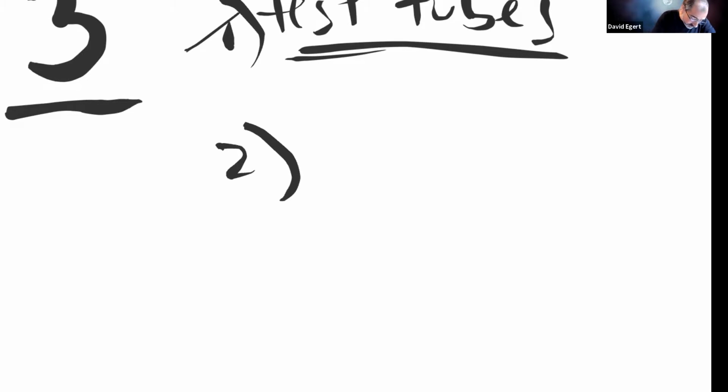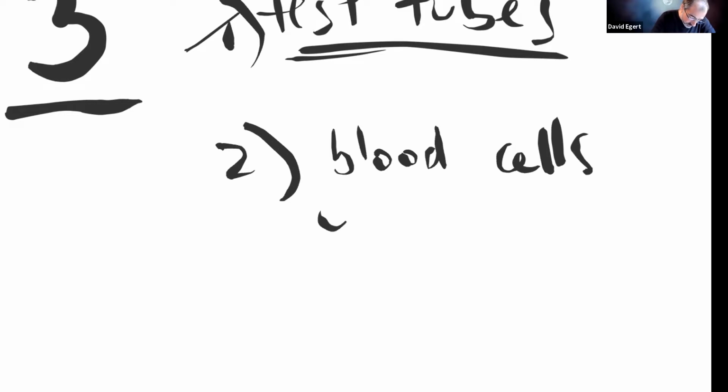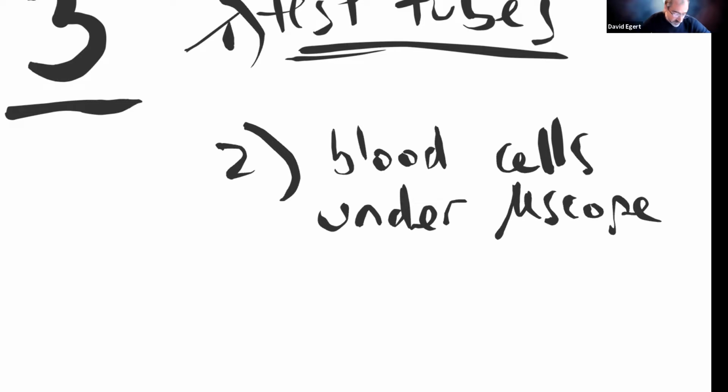We're also going to look at blood cells under the microscope. Normally, if we were in lab, we would take little samples out of the actual test tubes we've been using and look at them under the microscope, so you can get a sense of blood cells, a sense of crenation, this and that.